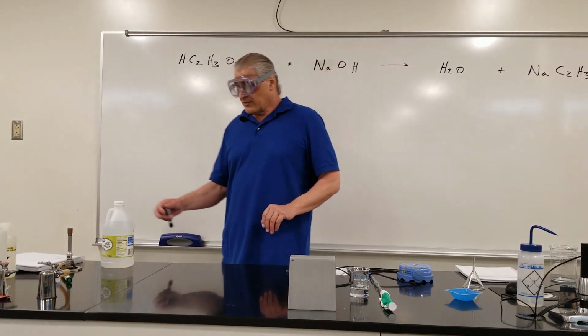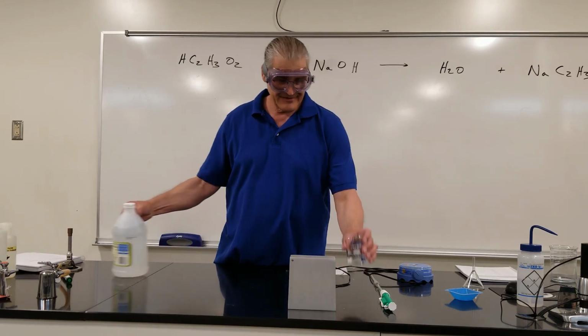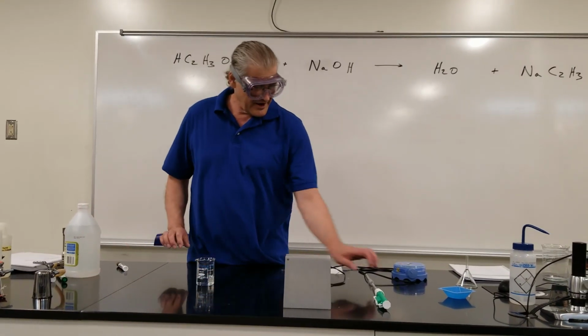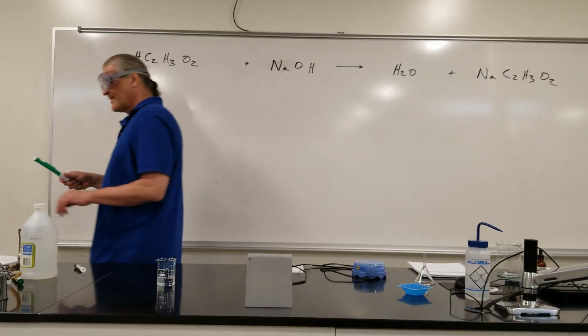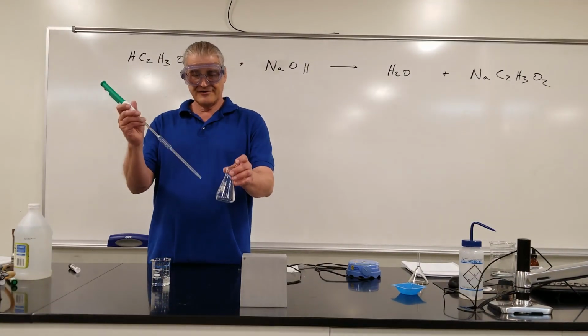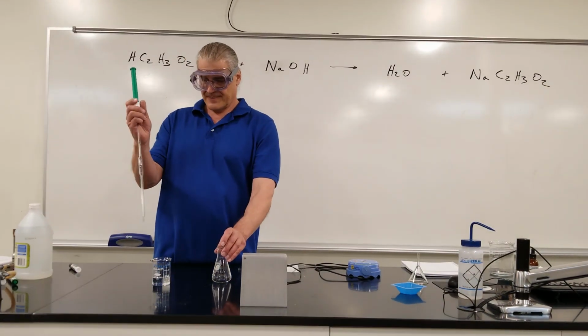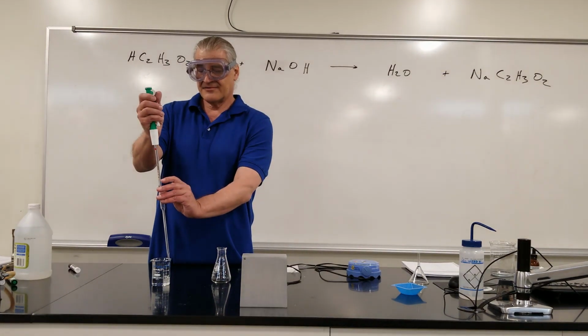So what we'll do is we'll measure a precise amount of the vinegar solution. We have some of the vinegar in a beaker here. We have a 10 milliliter volumetric pipette, and we're going to put 10.00 milliliters of the vinegar into our titration flask. If you're not familiar with the volumetric pipettes, there's a little line etched in them somewhere.